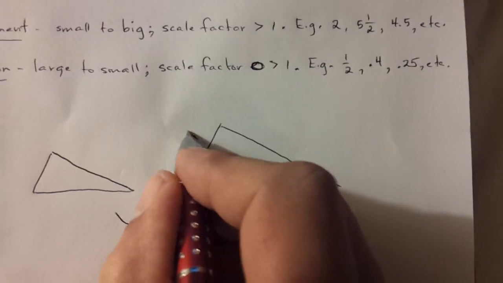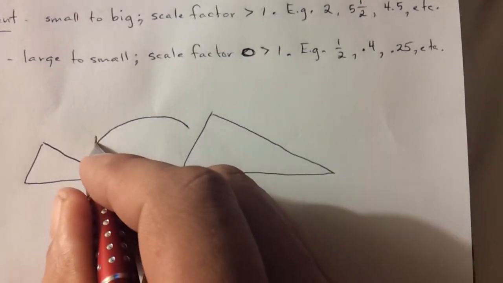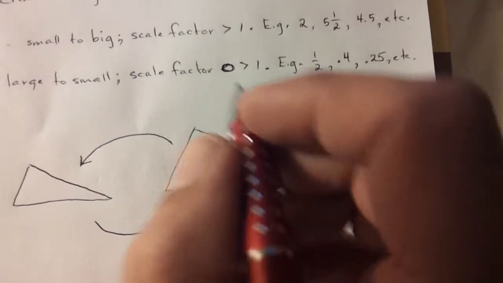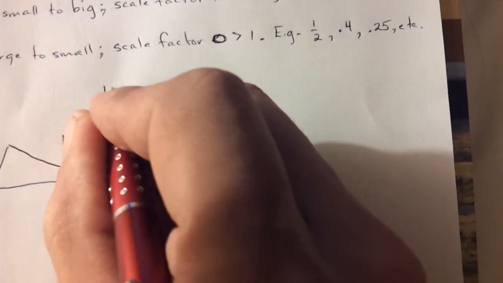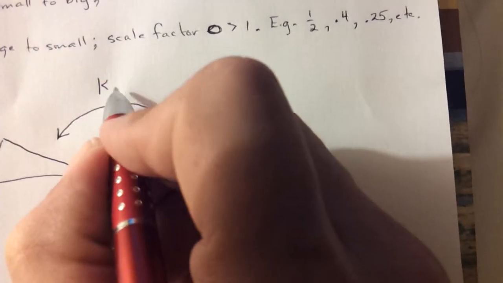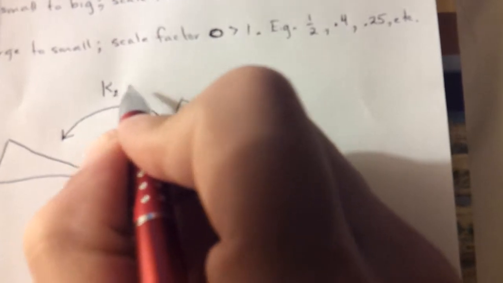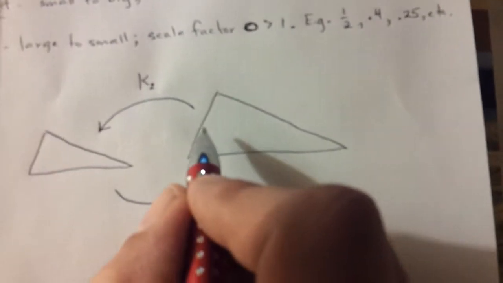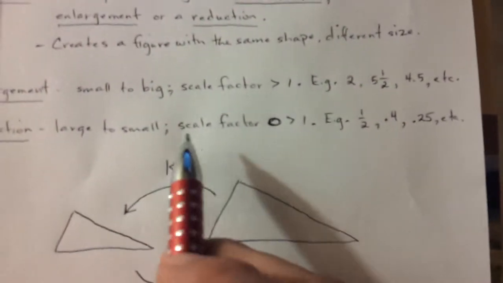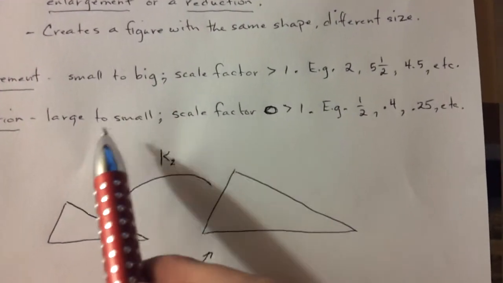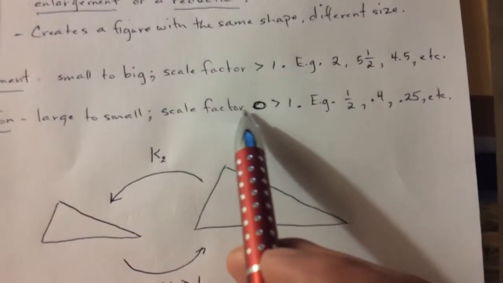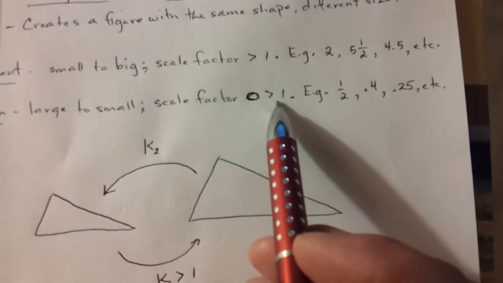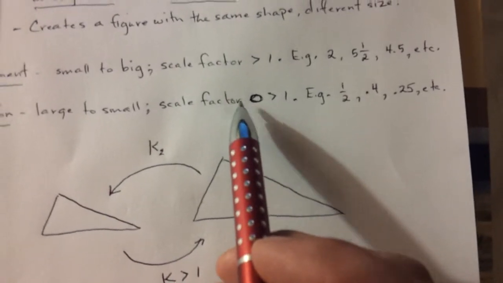Now if I go from big to small, that's a different kind of dilation called a reduction, and I'll call this scale factor k2. When you do a reduction, the scale factor is going to be between 0 and 1.